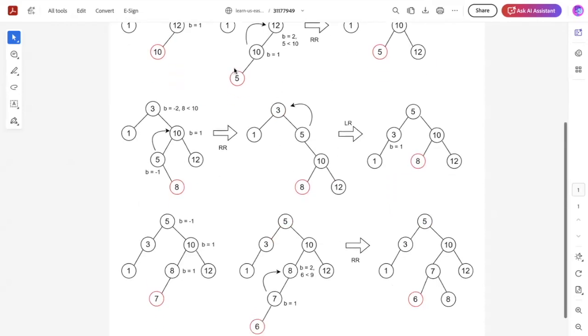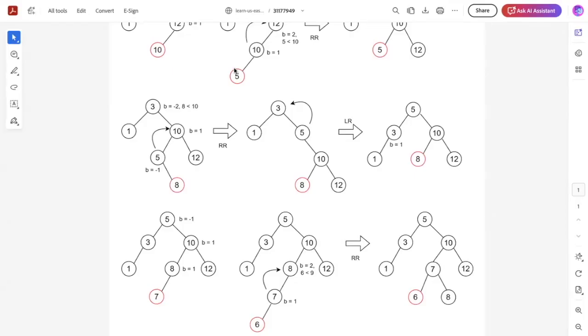The next number is 8. So 8 comes in this way using binary search tree insertion. In this case, this node is the first one that is off balance. You look at the 3 consecutive nodes, and they are not lined up in one direction. So you want to line them up first: rotate 5 up and then do another rotation to restore the tree.